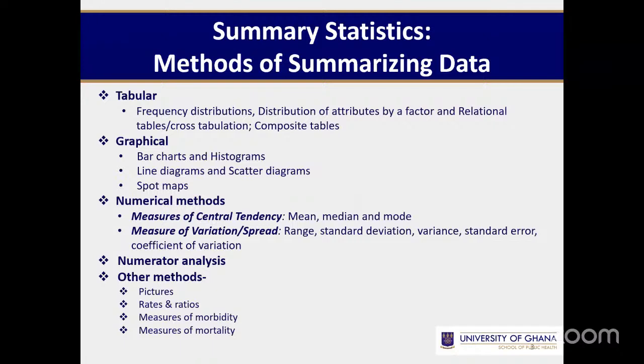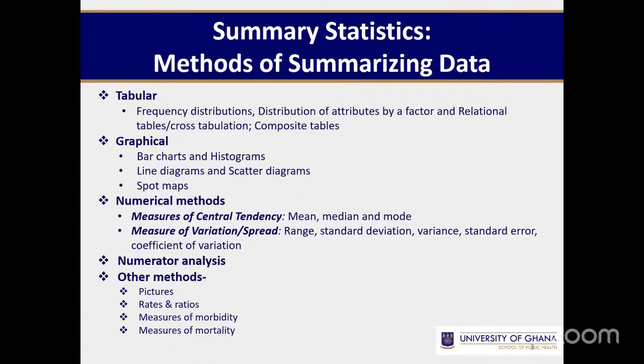When we talk about tables, we are talking about frequency distributions. We can have distribution of attributes by a factor, or what we call relational tables. Others will call that cross tabulation or contingency tables.